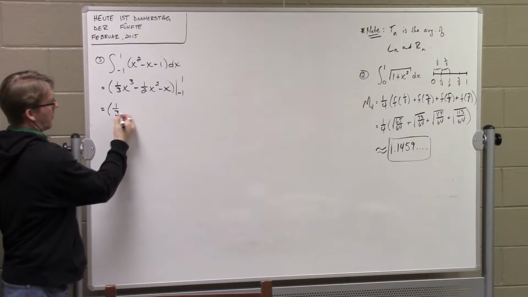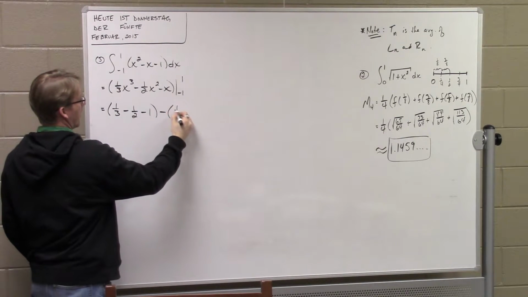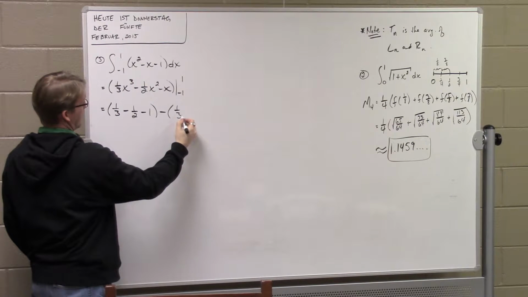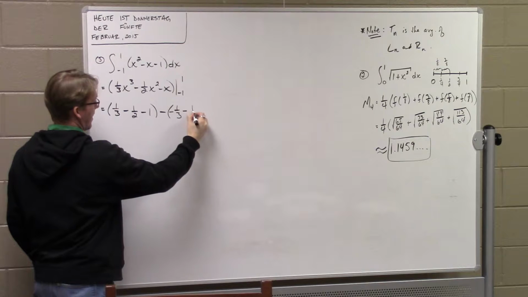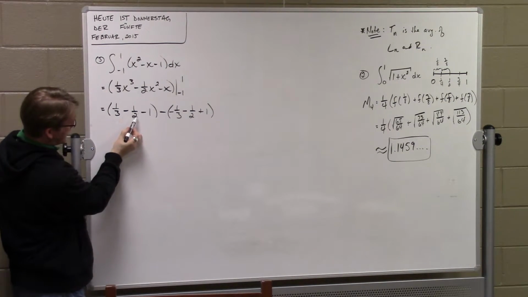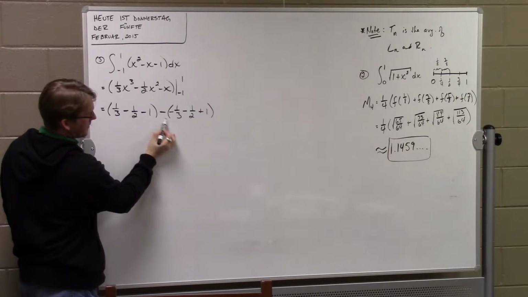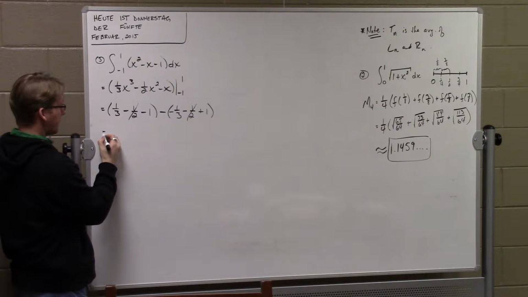So 1/3 minus 1/2 minus 1 minus, no, I'm sorry, -1/3. Still minus 1/2, positive 1. Here's the deal, this -1/2 and this positive 1/2 will cancel each other out.